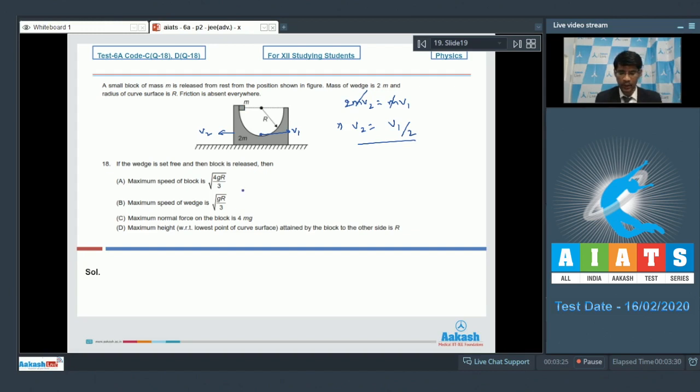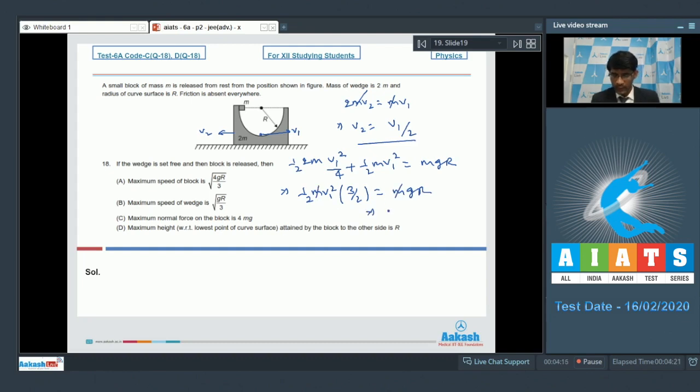Now yet again, by conservation of mechanical energy, the potential energy of this block would convert to the kinetic energy of the wedge and the block. So 1/2 into 2m into v2 square, written as v1 square divided by 4, plus 1/2 m v1 square must be equal to mg into r. This comes out to be 3/2 m v1 square equals mg r.